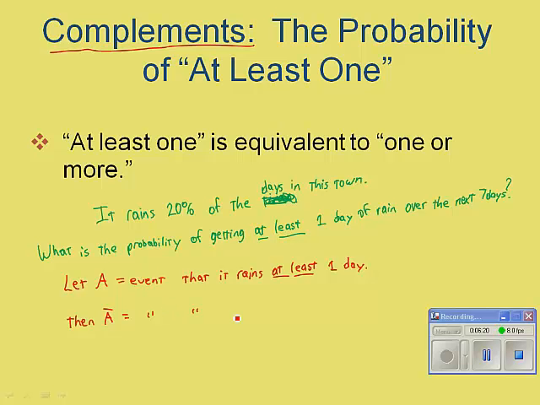Well, it's an event that, what happens? It doesn't rain at least one day. Can we say that a different way? That it rains.